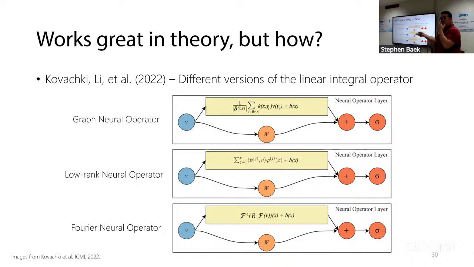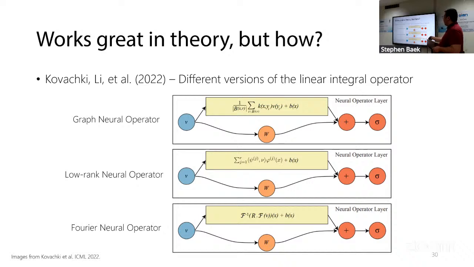Again, similar to finite element analysis, right? You divide a large complex physical system into smaller elements. And then once you determine the values at each element, at the end, you just add them up to compute the integral. So the graph neural operator is basically that idea applied to neural operators.